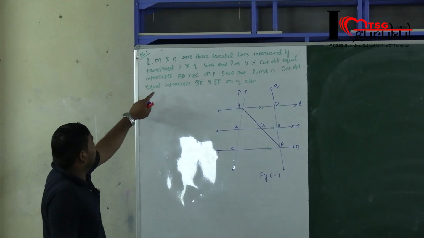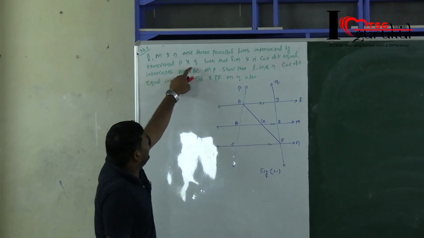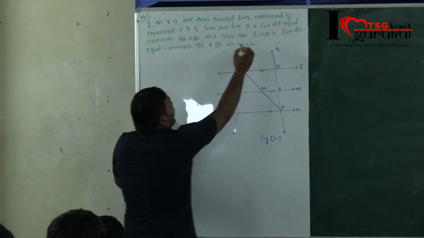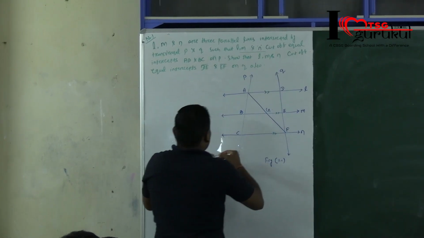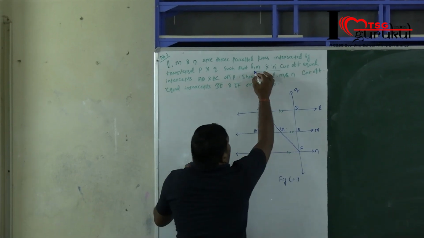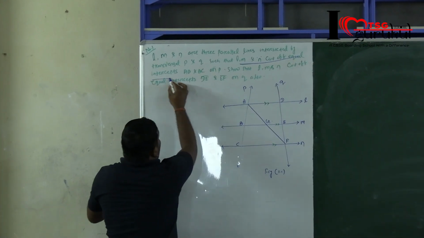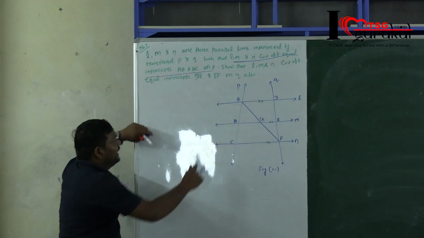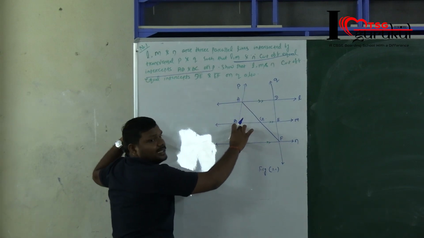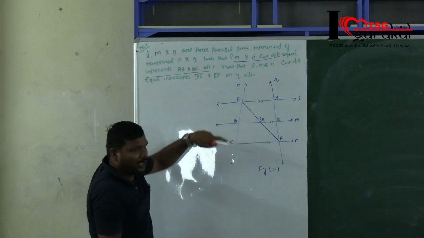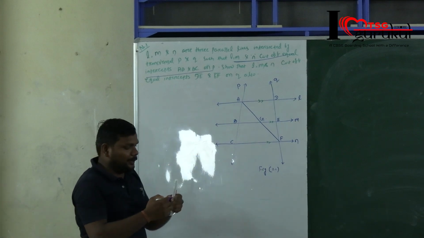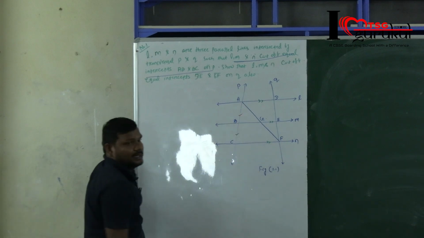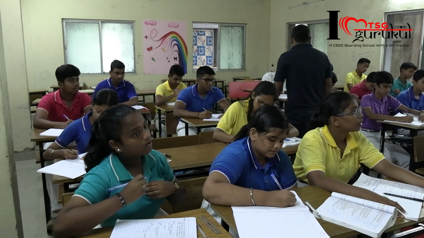According to our question, L, M, N cut off equal intercepts AB and BC on transversal line P. That means AB equals BC, so B is the midpoint of AC.